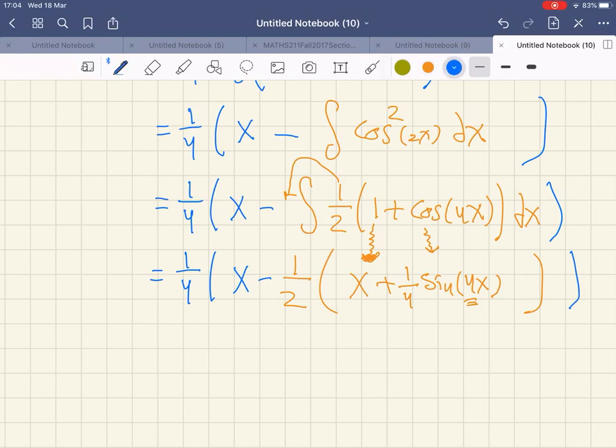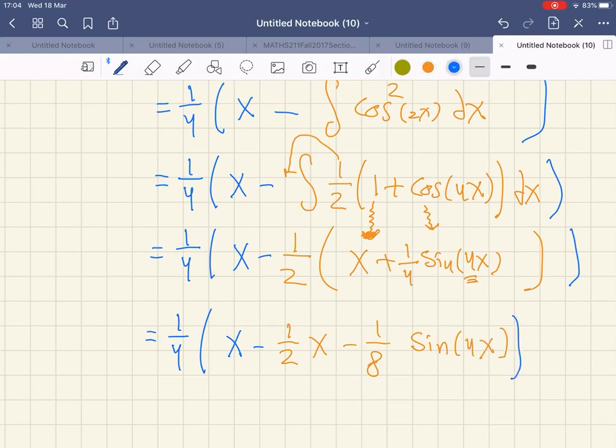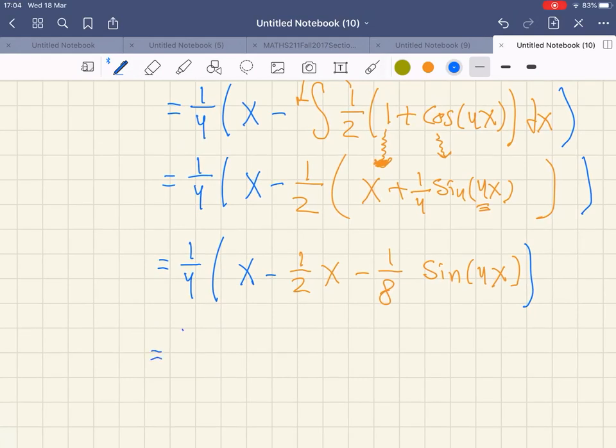Next step, we need to simplify things if we can. This is 1 over 4 times x minus half x, and then 1 over 8 sine 4x. The final step would be 1 over 4 times x minus half x is half x minus 1 over 8 sine 4x.